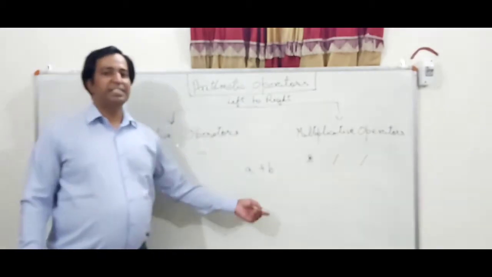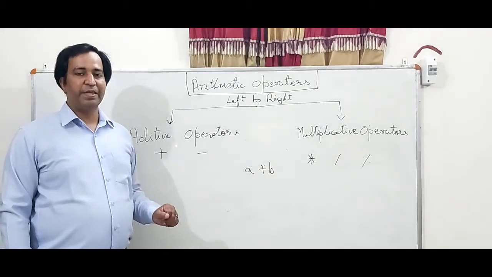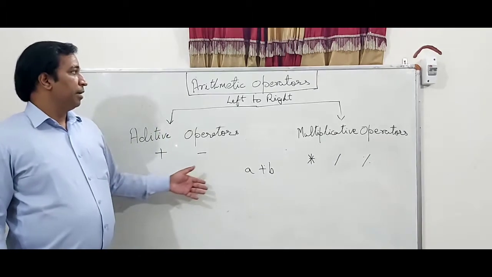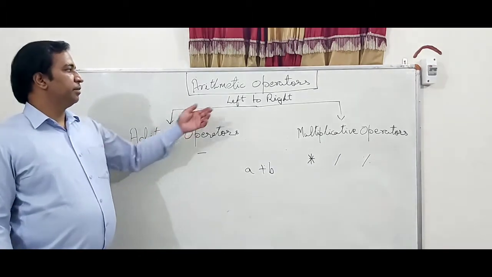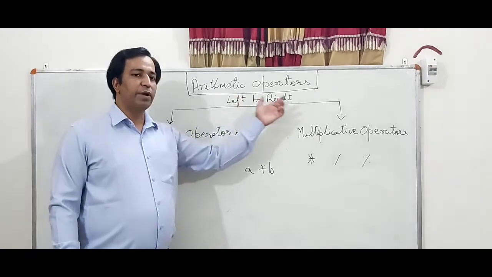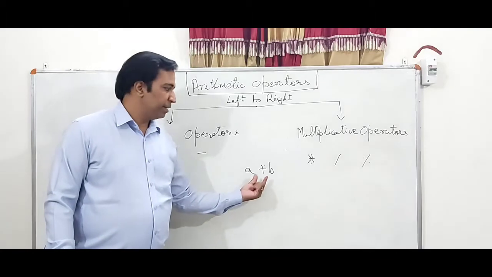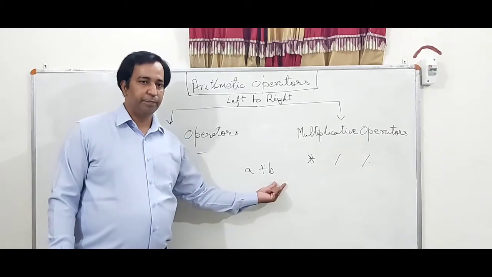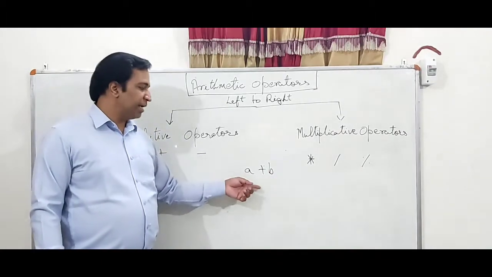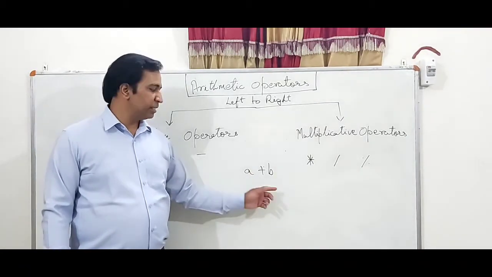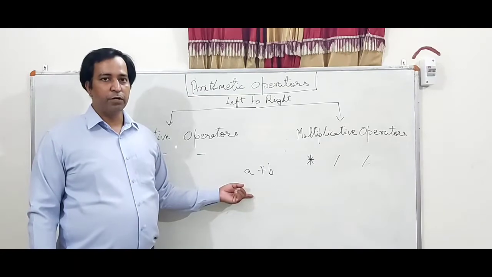Now, which side will be processed first? That is called the associativity of the operator. Arithmetical operators have associativity left to right. That means the left side will be processed first and then the right side. In this case, A's value will be processed first and then B's value will be processed. This is called the associativity of the operator.